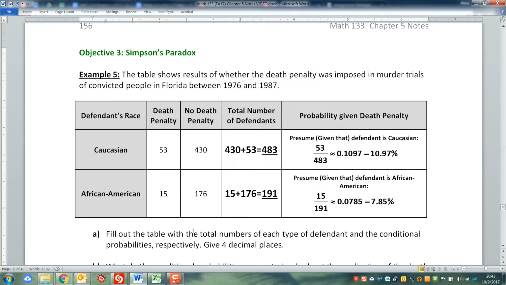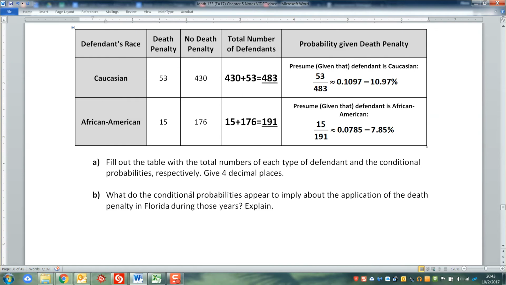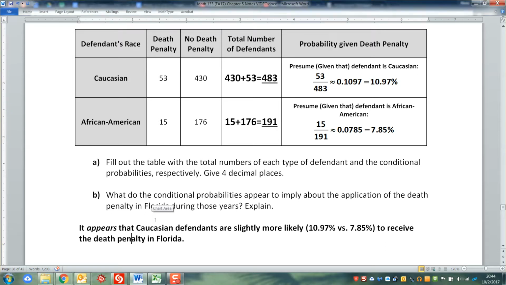So it appears that African American defendants are less likely to receive the death penalty in those years. So it appears that Caucasian defendants are slightly more likely, which is 10.97% versus 7.85%, to receive the death penalty in Florida than African American defendants.